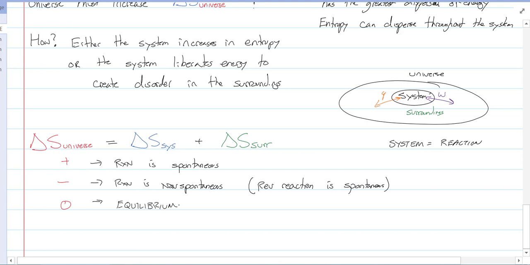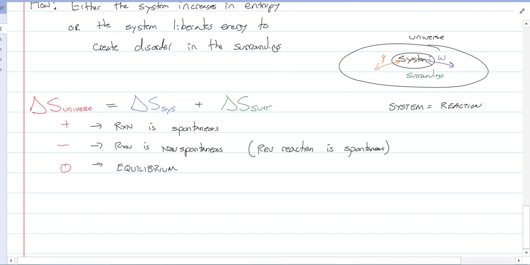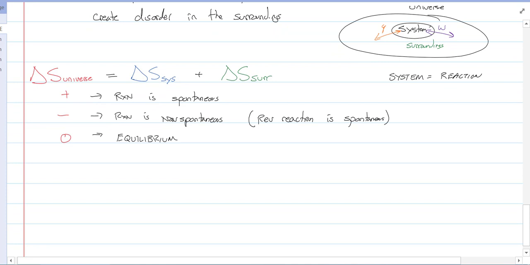So all that stuff we did with equilibrium is going to keep coming up. When we talk about solving, the change in entropy for the system is a state function.